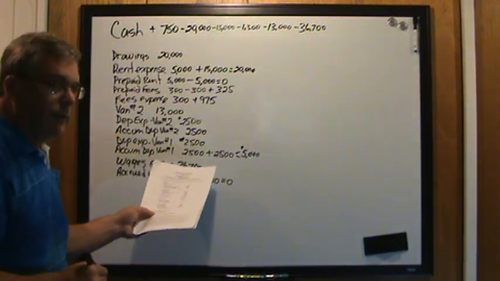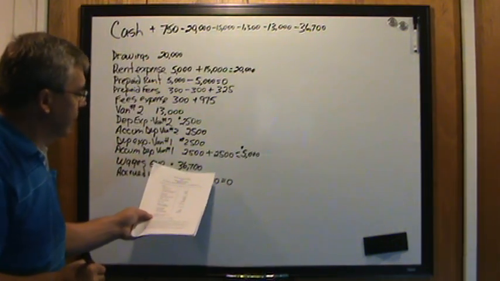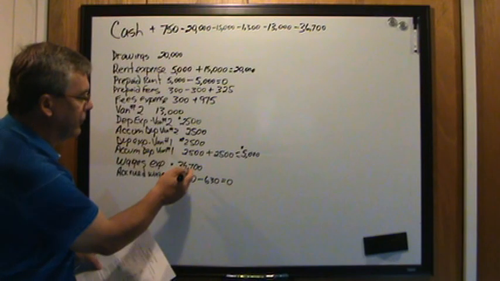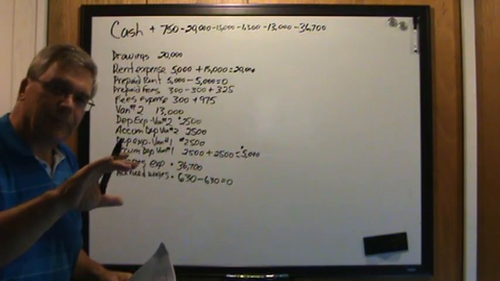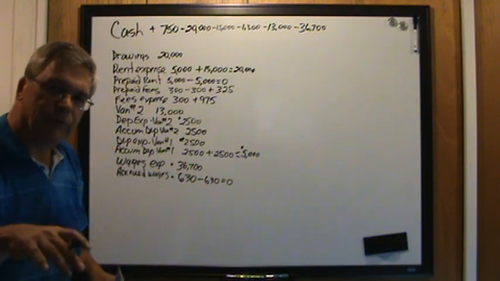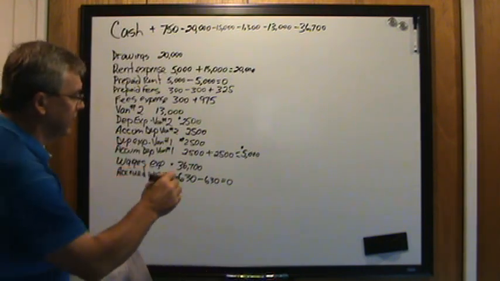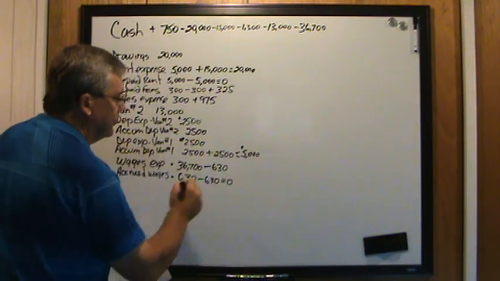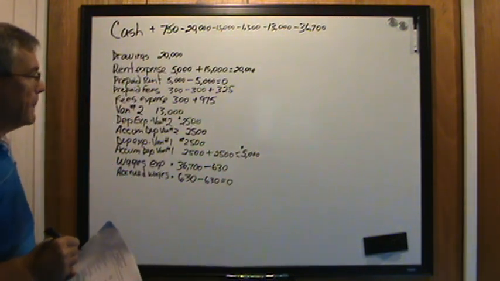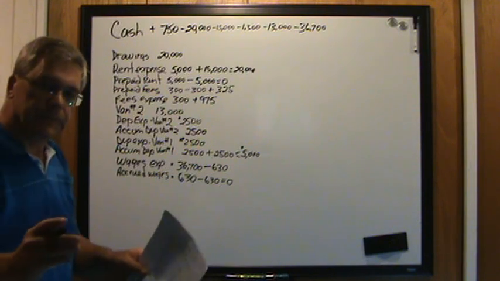So when you think of this, $630 of this $36,700 that we paid isn't part of wage expense for this year. It was counted last year already. So we're going to subtract that from our wage expense here, the $630. Okay, I hope that's clear.